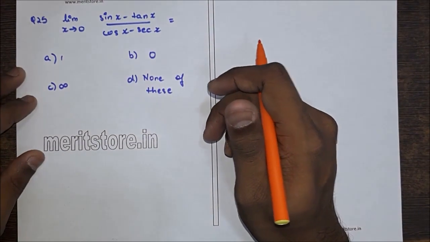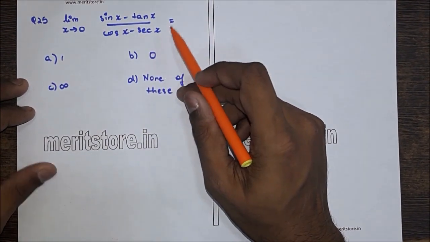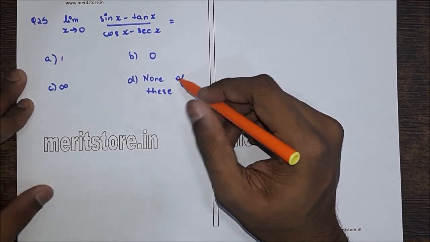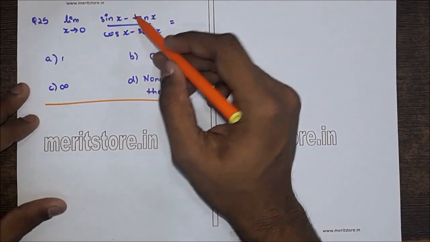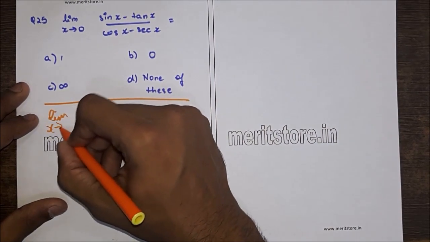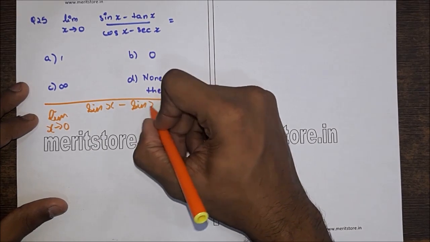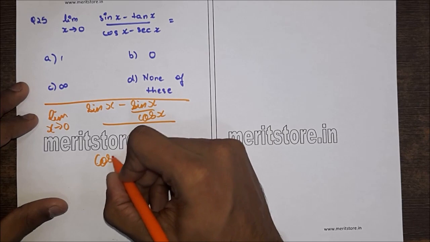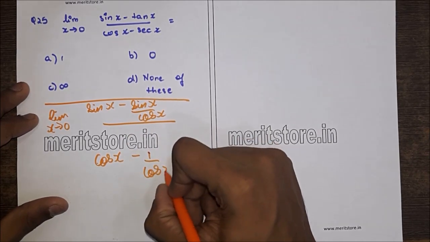Limit of x tends to 0 of (sin x − tan x) upon (cos x − sec x) equals: a) 1, b) 0, c) infinity, or d) none of these. First we write this in terms of sin and cos only, giving us limit of x tends to 0 of (sin x − sin x by cos x) upon (cos x − 1 by cos x).